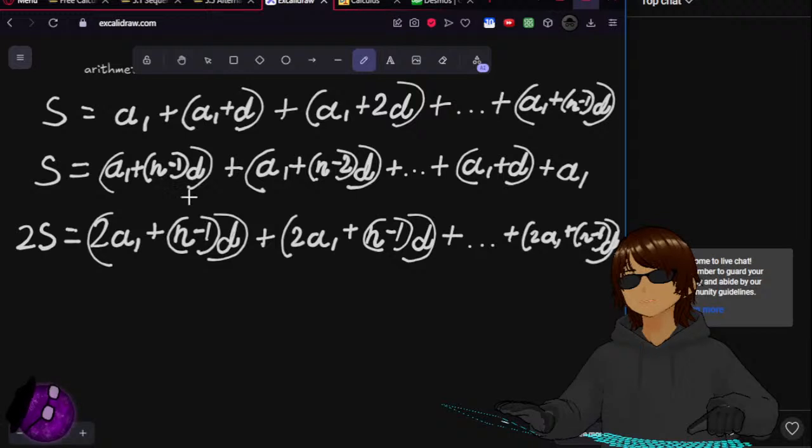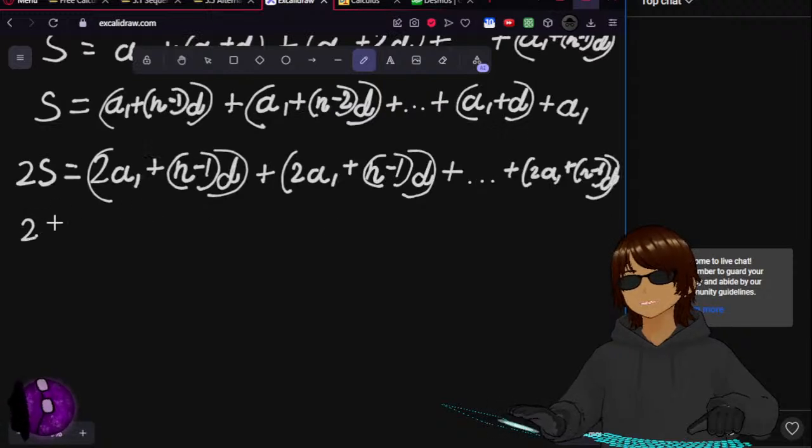If we go to the next term, over here 1d gets subtracted, over here 1d gets added. So the sum is basically the same.